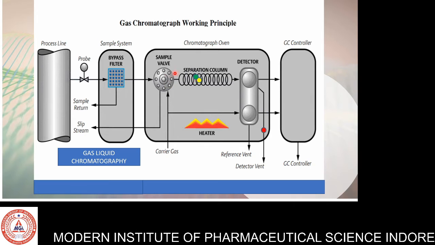The sample is dissolved with a carrier gas and liquid sample is converted into gas form and combined with carrier gas, and column is heated up to 250 degrees Celsius, which converts liquid sample into gaseous and vapor form. And this signal will be detected by detectors, and detectors give signals to the recorder, and recorder will display the graph of separation mixture.